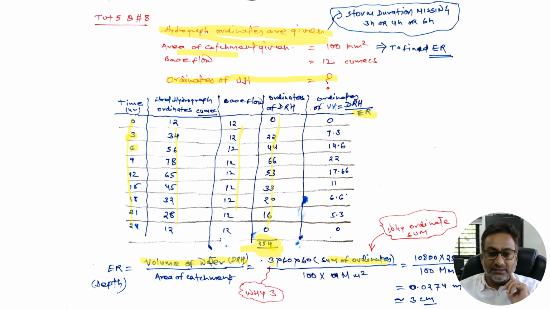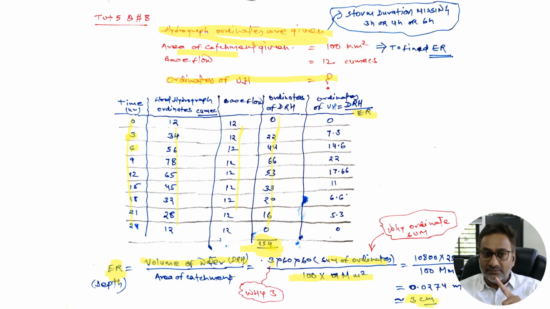And if I divide by the catchment area, which is given as 100 square kilometer, converting into meters, in the denominator, then volume divided by area gives the depth of water in the catchment. That is nothing but the total depth, say 3 centimeter of rainfall in the catchment.